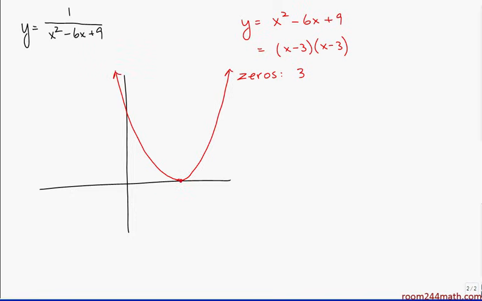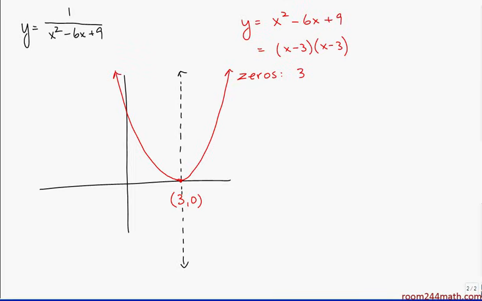And that point there is at (3, 0). Now, it is a zero, which means that the reciprocal is not going to exist at that point, and as with all the other zeros, we're going to get a vertical asymptote. And it'll go right through that zero.